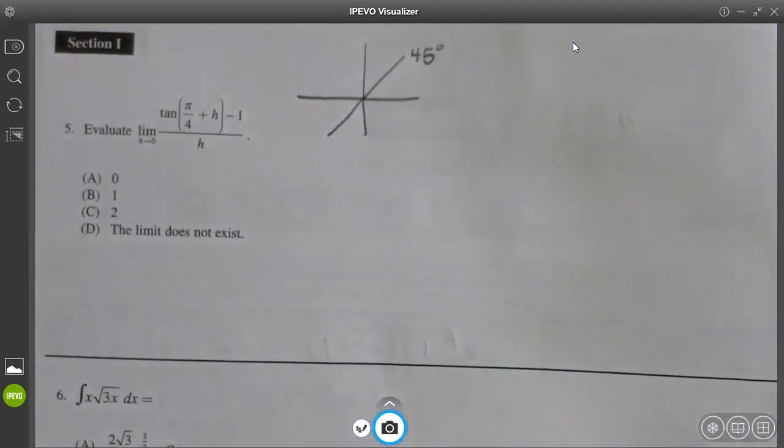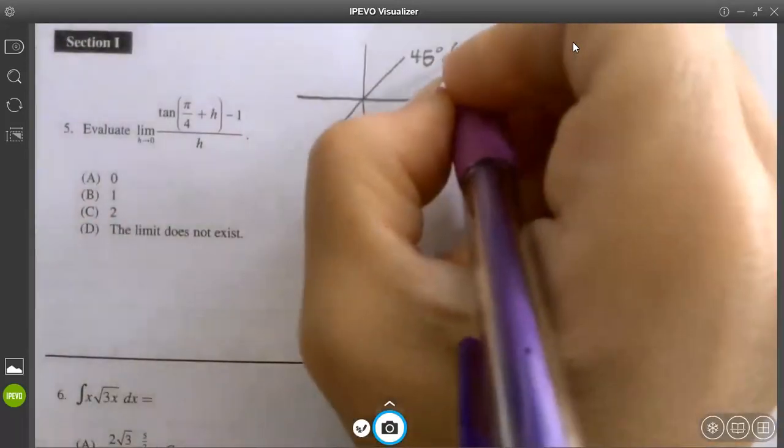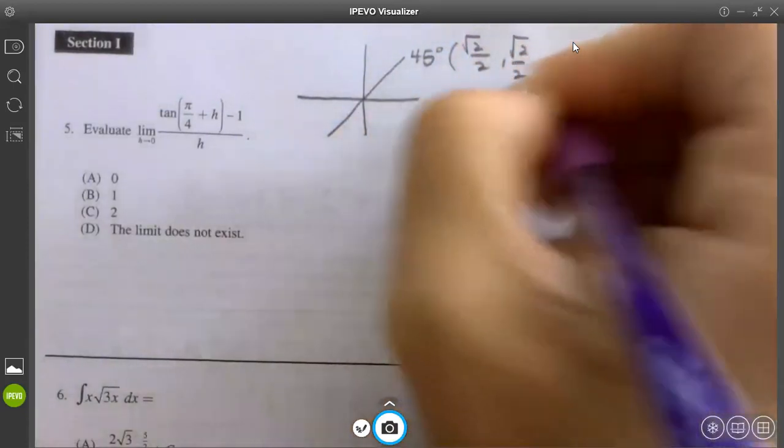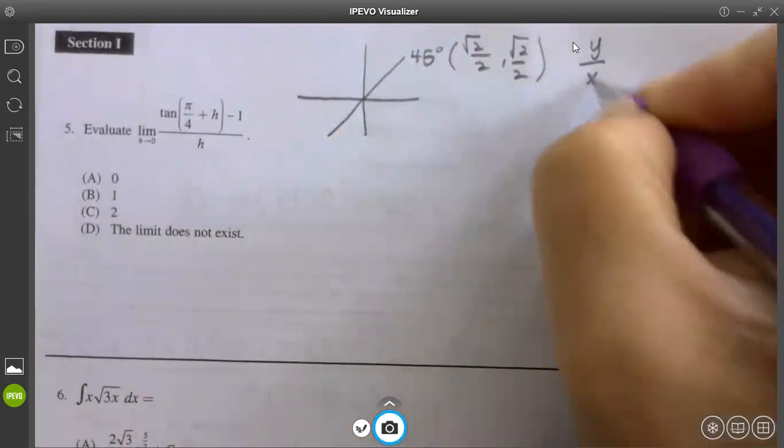Pi over 4 is 45 degrees. What is your coordinate at 45? Square root of 2 over 2, square root of 2 over 2. Remember that tan is y over x.